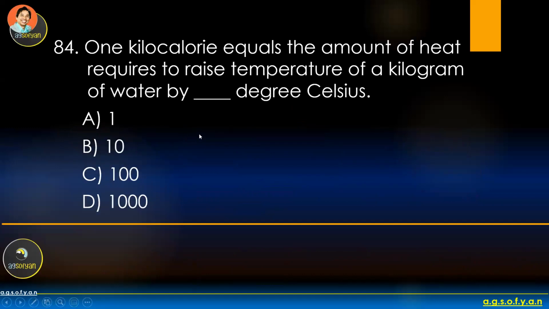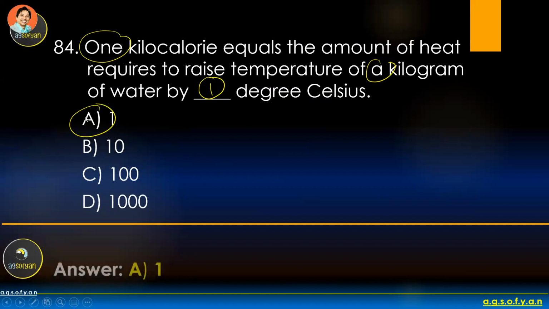One kilocalorie equals the amount of heat required to raise the temperature of a kilogram of water by how many degrees Celsius? Okay, so this one should be 1 degree Celsius.